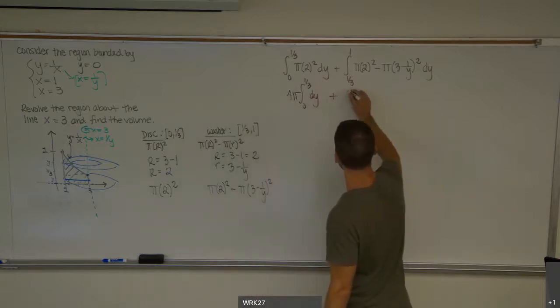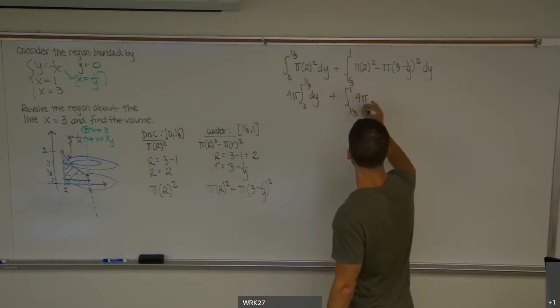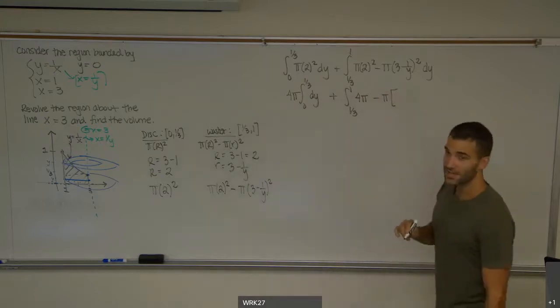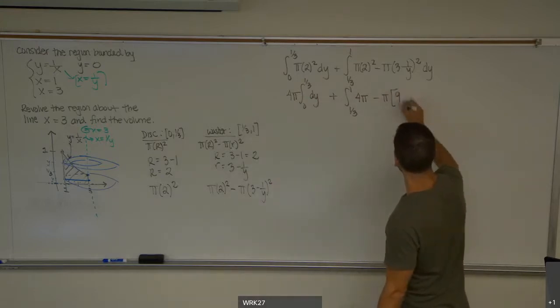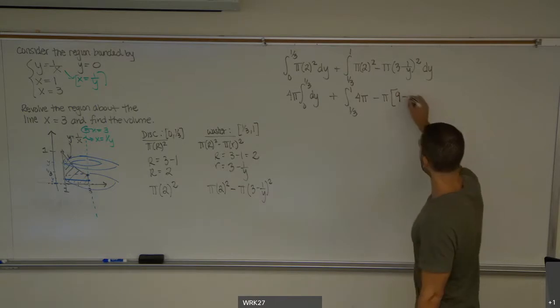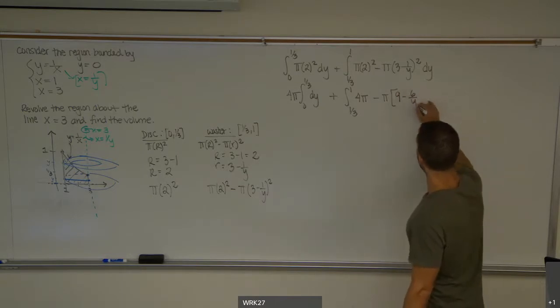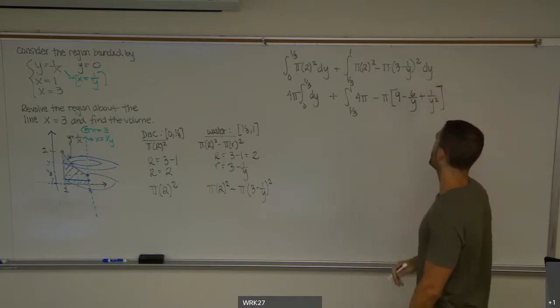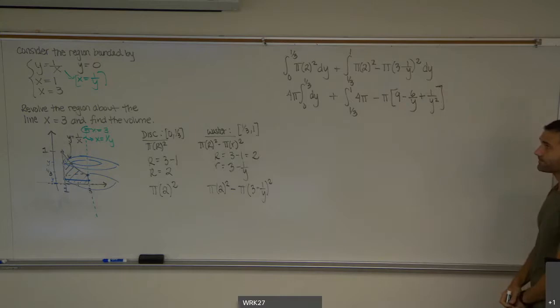Let's go ahead and simplify this really quick before we go to calculate. We get 4 pi again, minus pi times. All right, so now we have to be careful foiling this out correctly. We get 9 minus 6 over y plus 1 over y squared. That would be foiling that out.